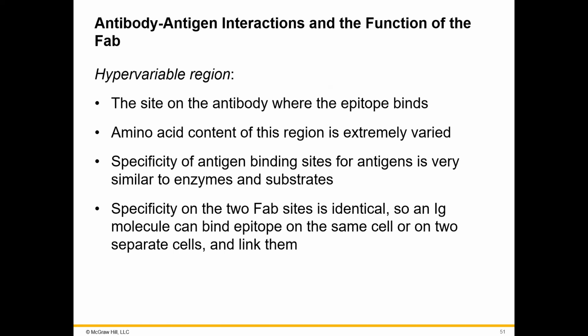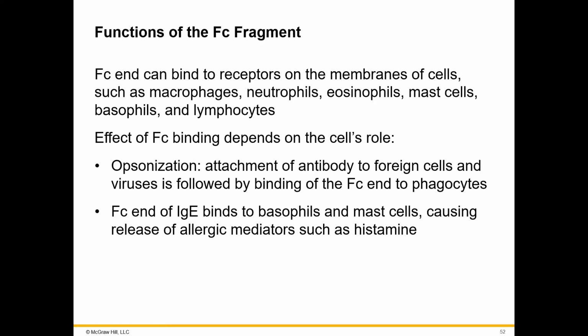So the main function of an antibody is to immobilize or call attention to or to neutralize the antigen for which it was formed. How does it carry out these different things? We will get to that. So the functions of the Fc fragment.